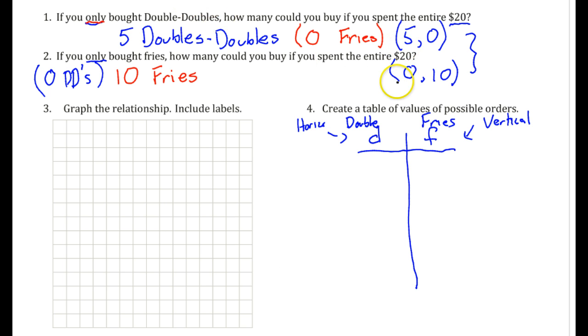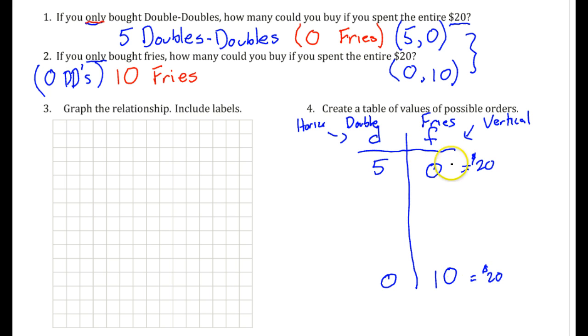All right, so we have 2 points. We have 5 double doubles, 0 fries, and I'm going to put the other intercept at the bottom. 0 double doubles, 10 fries. Reminder that both of these add up to $20. That's what all these have in common. I mean, these numbers are all changing, but what do they have in common? They all cost $20.